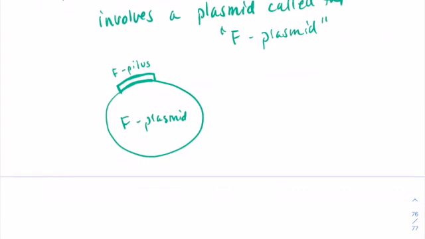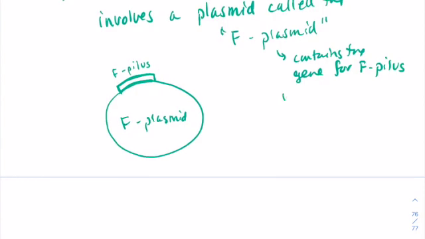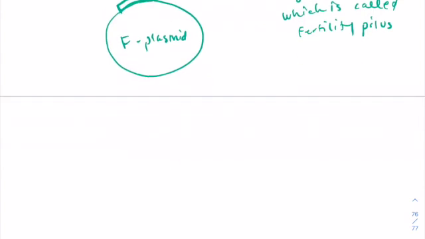But the F plasmid contains the gene for the F pilus, which is also called the fertility pilus.